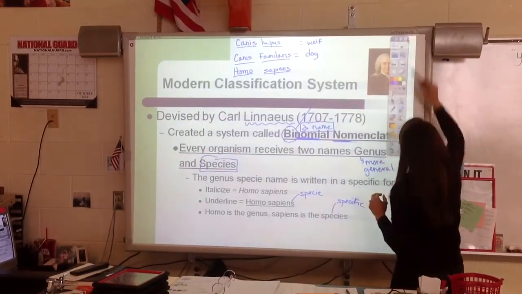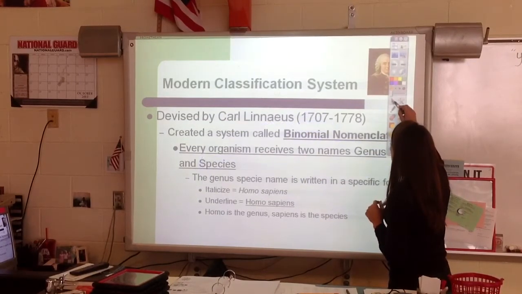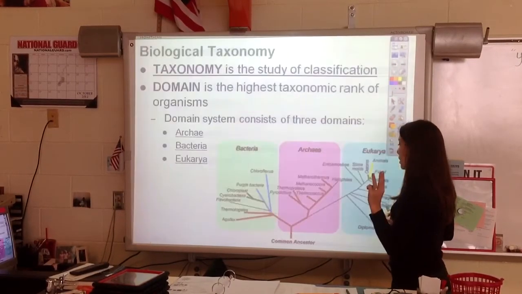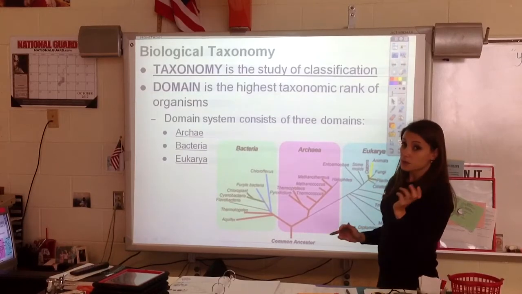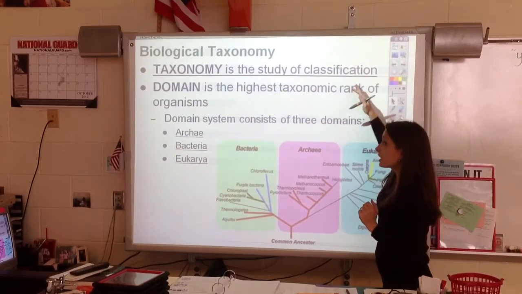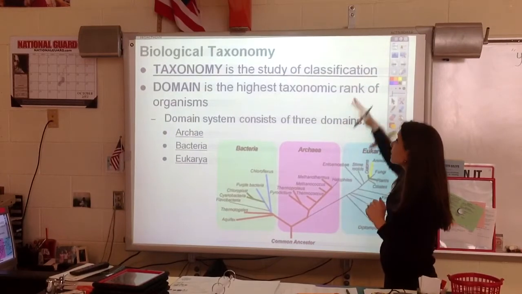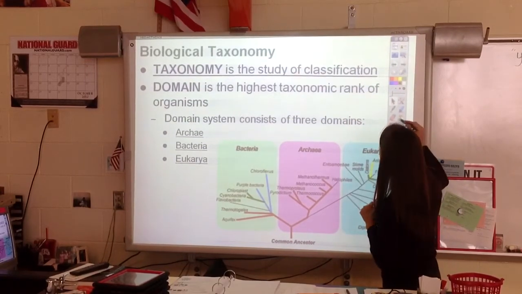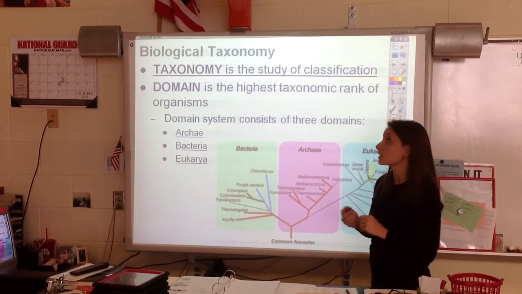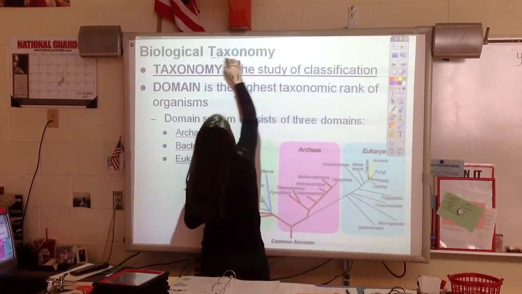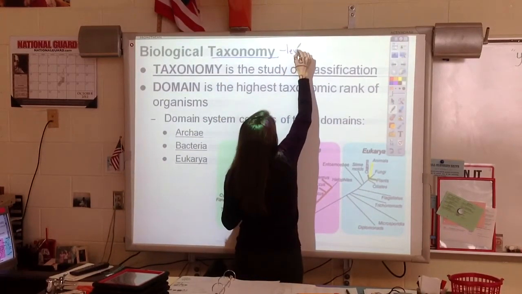There are 6 names, so most of you might have 3, a first name, a middle name, and a last name. In science, we're going to see that there are actually 6 or 7 levels. So taxonomy is the study of classification, and it's actually the levels of naming.